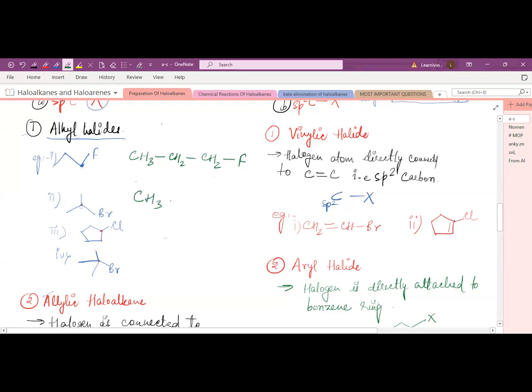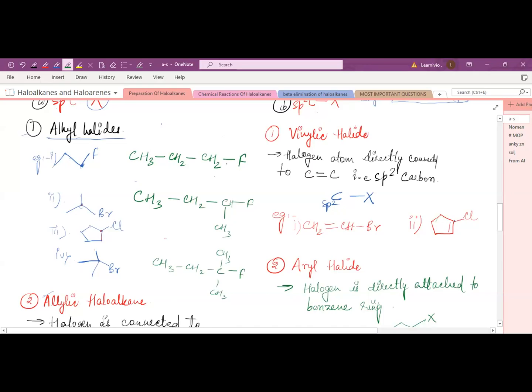If I draw here CH3, CH2, CH, and here CH3. Now you can see one, two, three, and another structure. So you can see there are three structures, right?